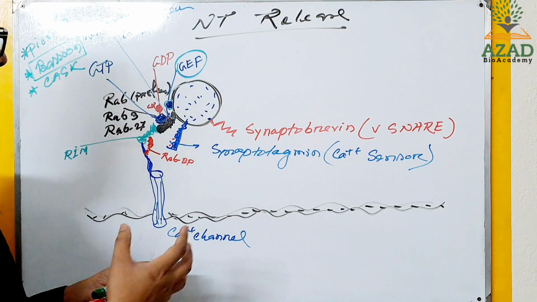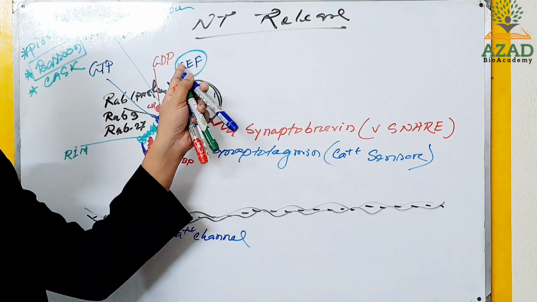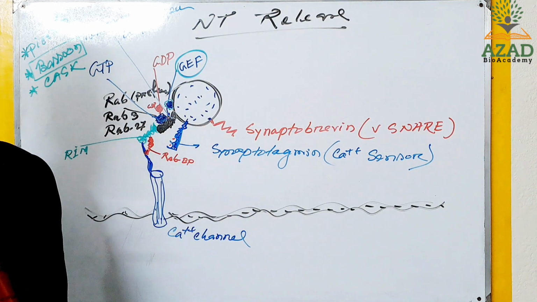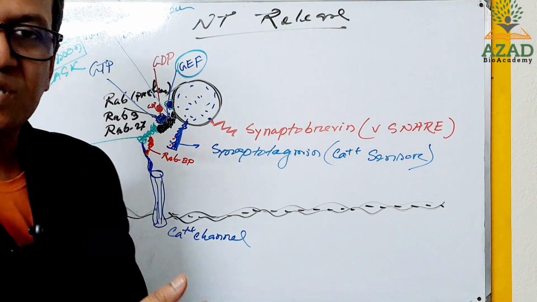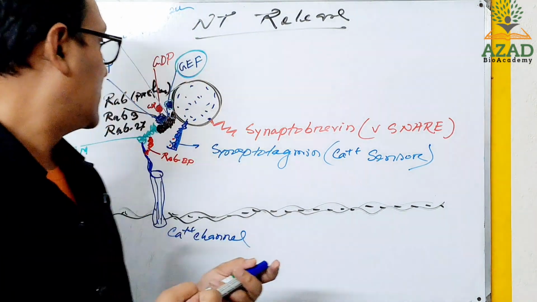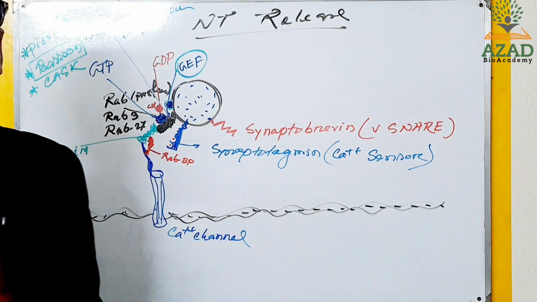Okay, so firstly, what is happening? When GEF is activated, then the Rab protein will be activated by exchanging GDP to GTP. And the activated Rab protein, you can say Rab3, Rab27, will bind with the RIM protein.